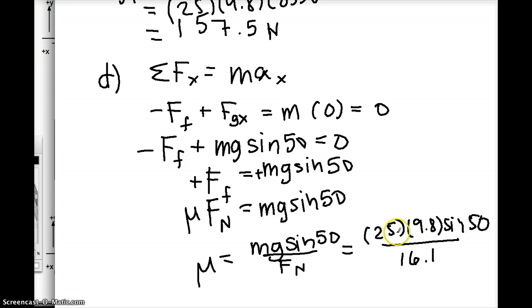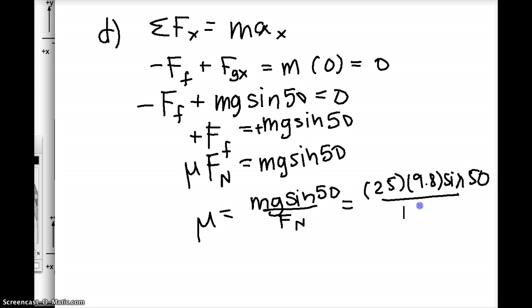And so I'm left with this, the mass times acceleration of gravity times the sine of 50 divided by the normal force. That's the wrong normal force. I'm going to erase that. Okay, this is much better.